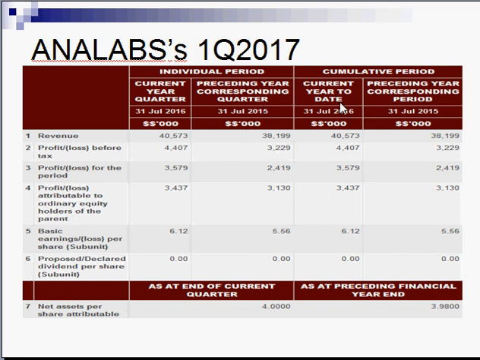The third column is the cumulative period for the current year, and next to it you have the cumulative period for last year. Now this is the first quarter result, and being the first quarter result, the cumulative period is essentially the first quarter.